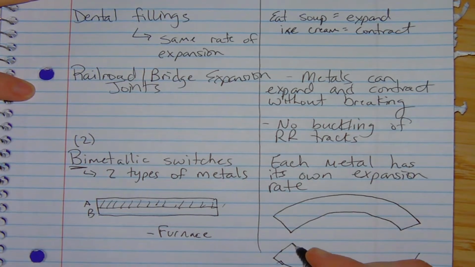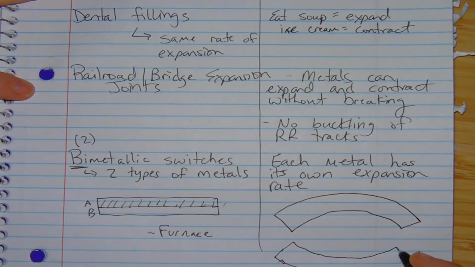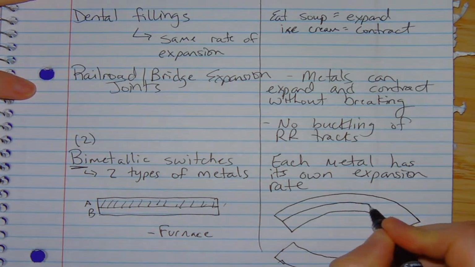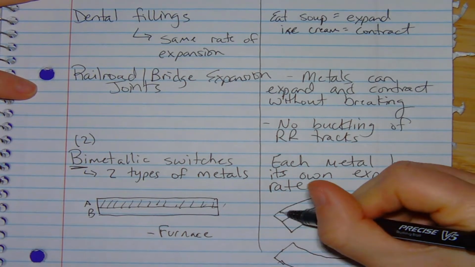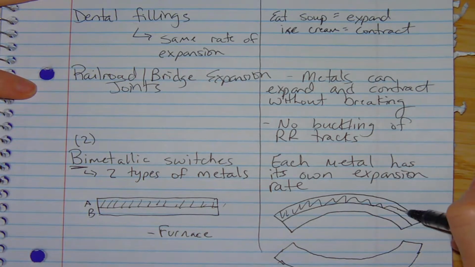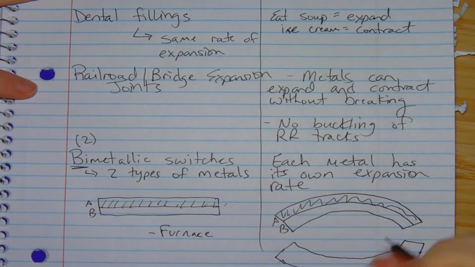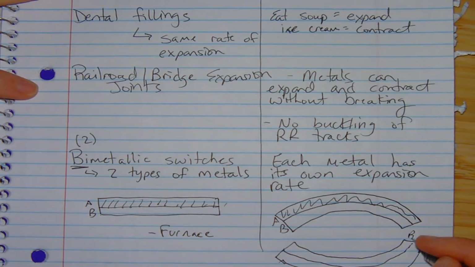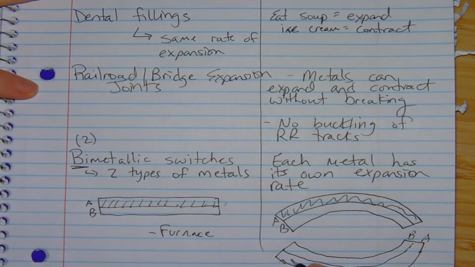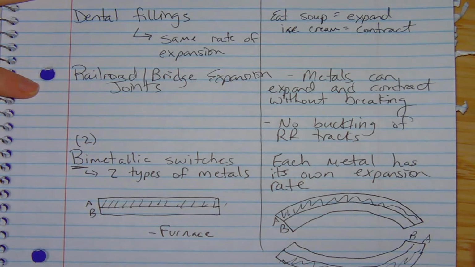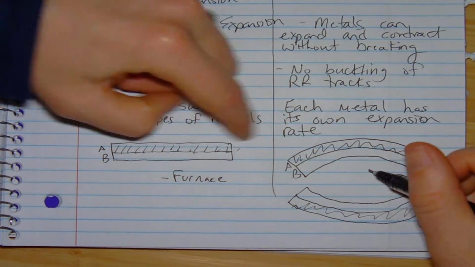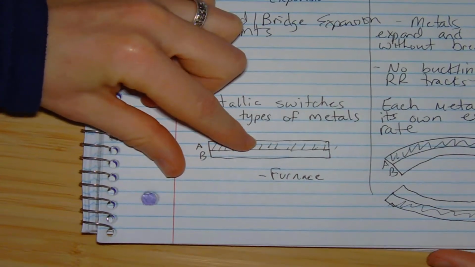I tried to figure this out. You know it's going to be ugly here, but something like this. All right. And so here's our two metals. We'll keep it the same, where that's A, that's B, and then B, A. I'll just do the squigglies to show you it's two types of metals. So here's your house warming up, right? Here's where it's neutral. It's just kind of in between temperature.